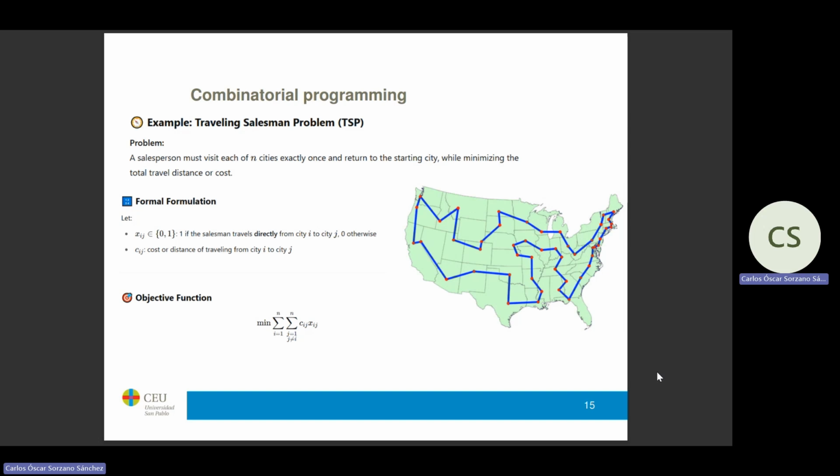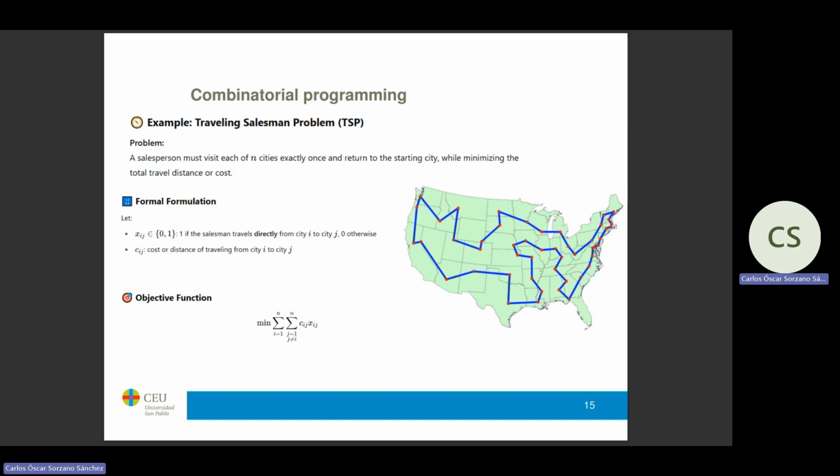So what you want to minimize is the sum over all cij times xij. This cost only has to be considered if the corresponding x is 1. Otherwise, you don't have to. Then you sum over all i and all j, and you have to be careful that j has to be different from i.